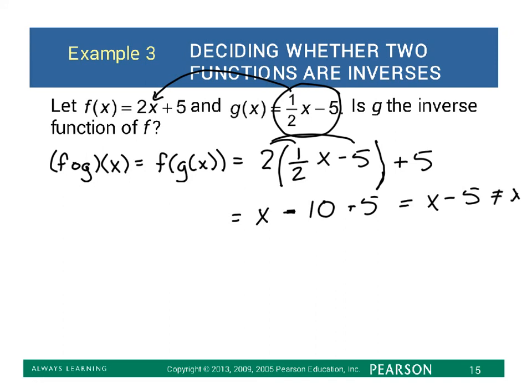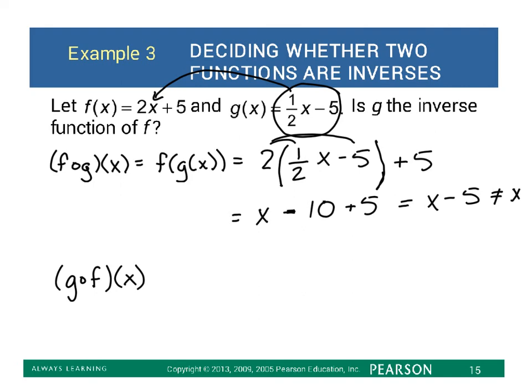So this right here lets us know that these two functions are not inverses of each other. We can stop right there. We do not have to compose the second one, g of f of x, to determine anything. If one does not equal x, well then more than likely the other one's not going to equal x either.